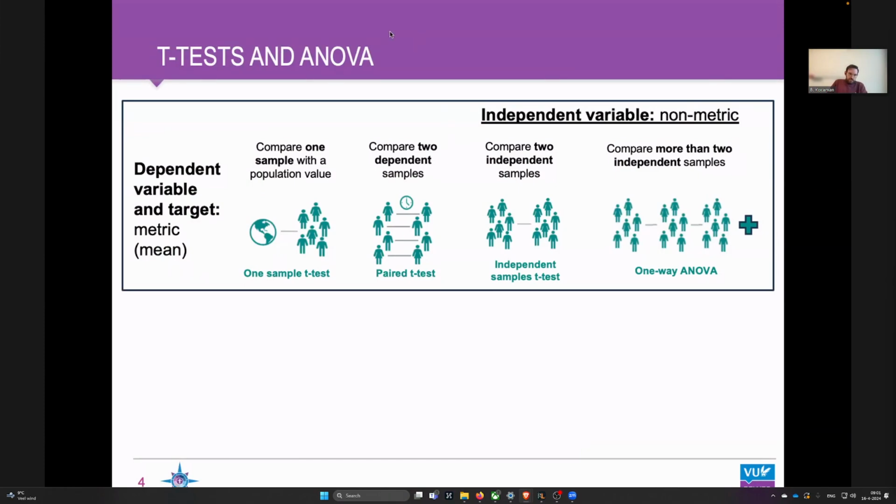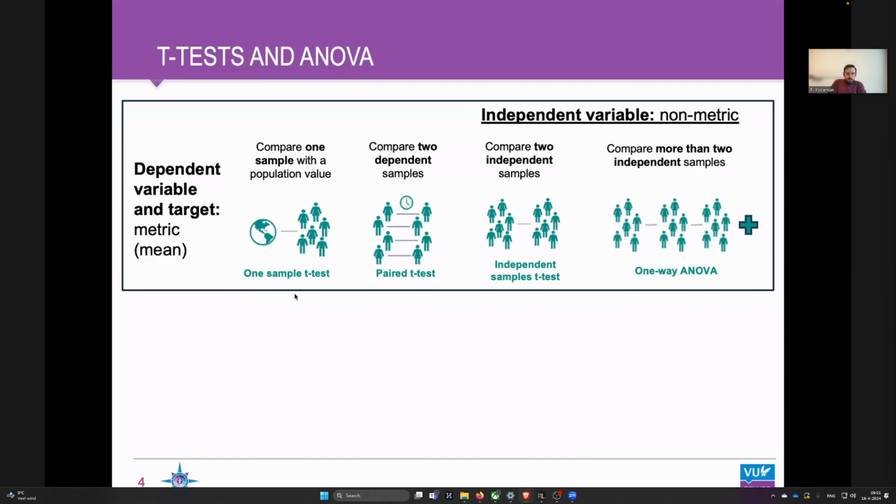In both t-test and ANOVA, we are interested in the mean. And as I said last time, we are interested in understanding the population true value, the population mean, but we only have a sample. So we want to understand from our sample and sample mean if we can generalize this to the general population that we are interested in.